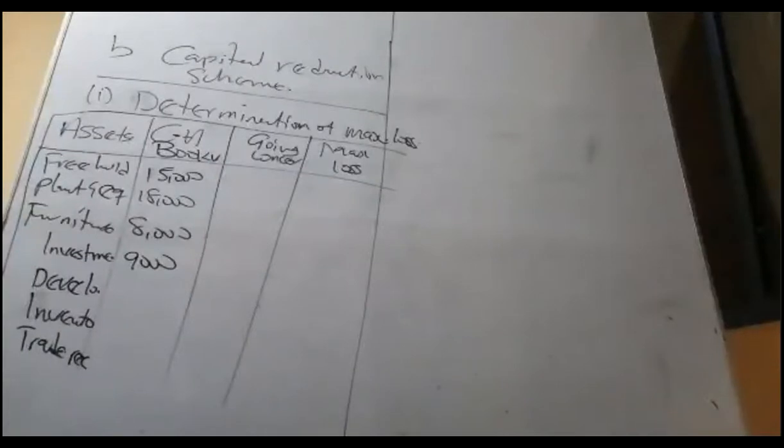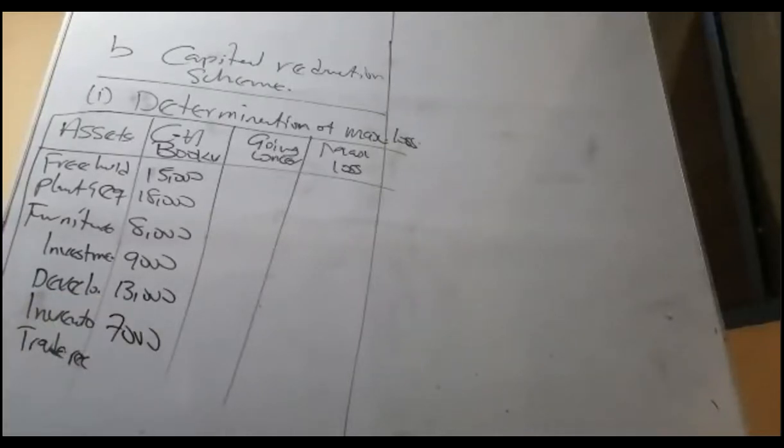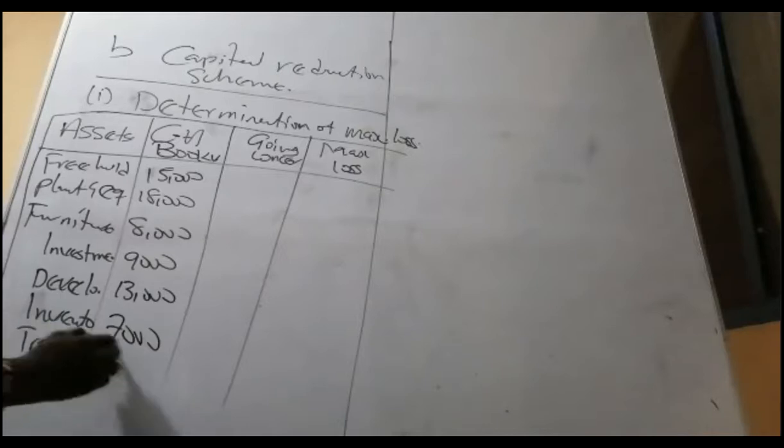Next, government expenditure is 13,000, right? Next, inventory is 7,000, right? Next, receivable is 5,000.